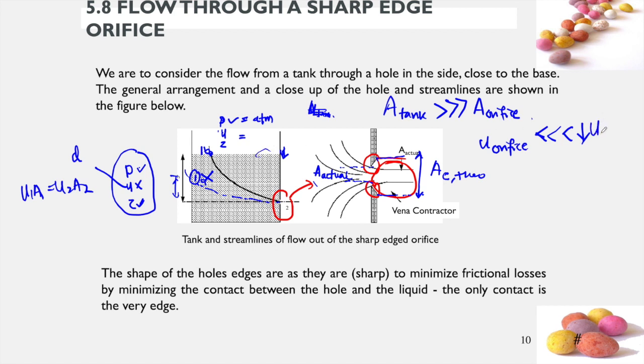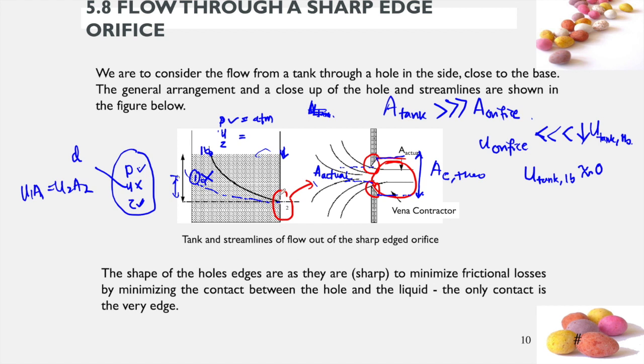So you may assume that U tank at point 1B is approaching 0.